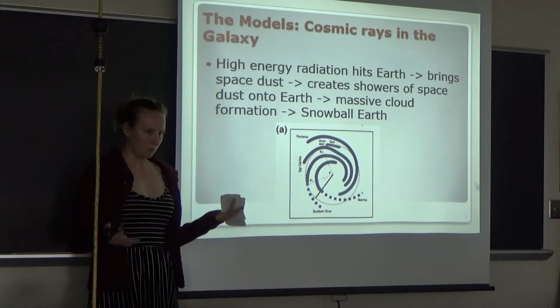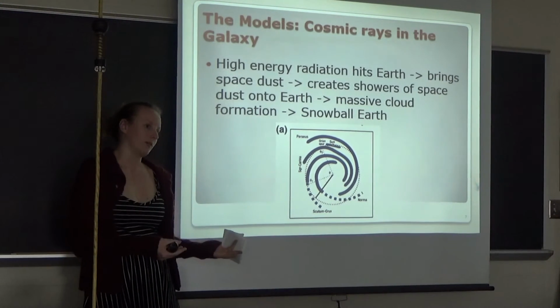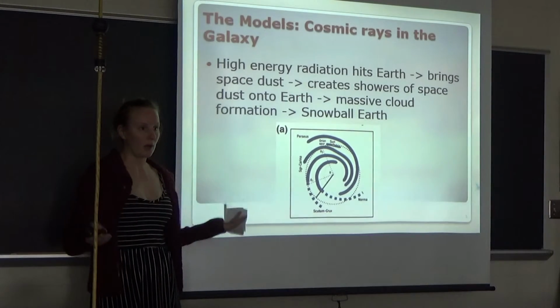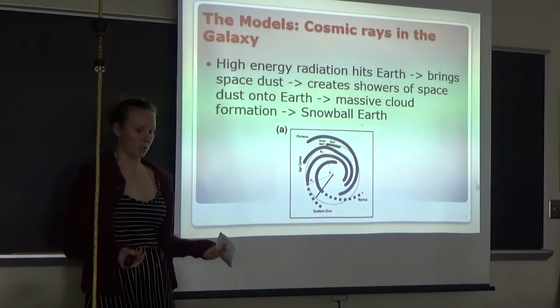And then the supposed way that we come out of Snowball Earth in this model is that we move out of the path of the cosmic radiation.